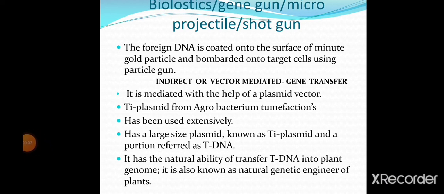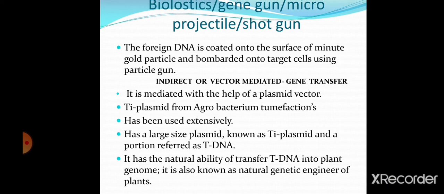Indirect or vector mediated gene transfer. What is vector mediated? With the help of a vector, we are going to introduce the foreign DNA into the host cell. Gene transfer mediated with the help of a plasmid vector is known as what? Indirect or vector mediated gene transfer.